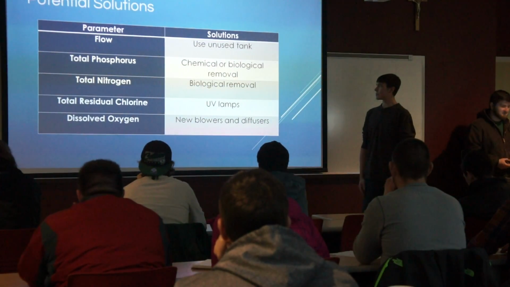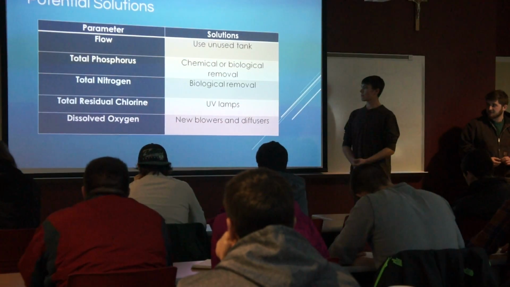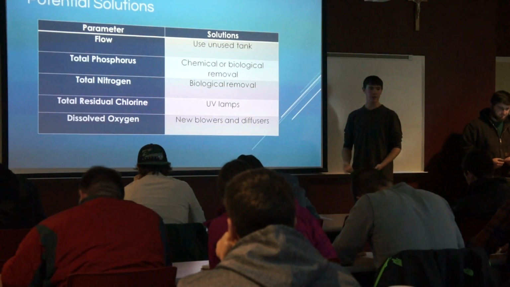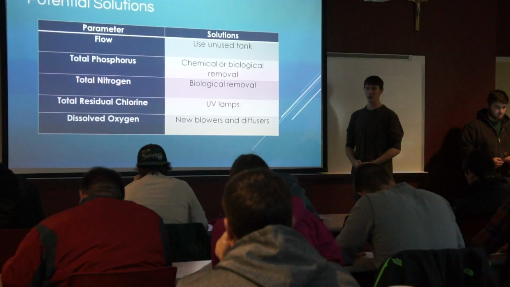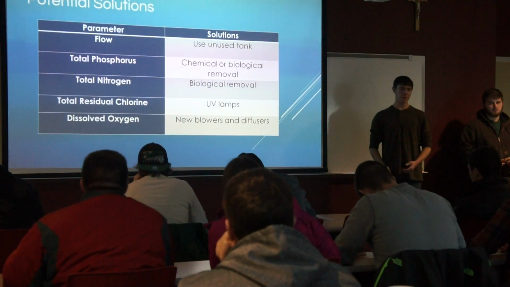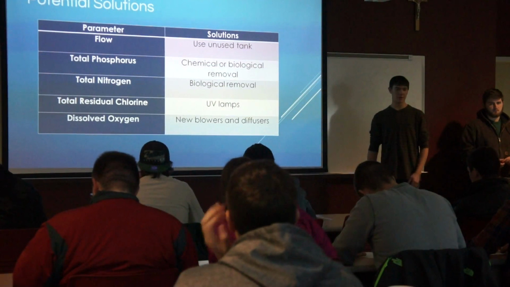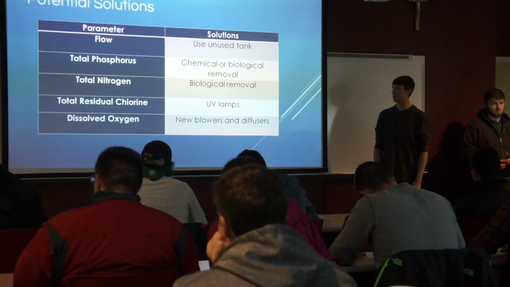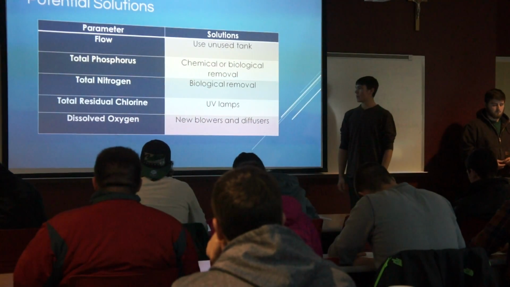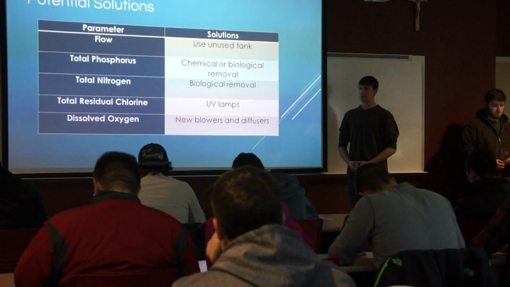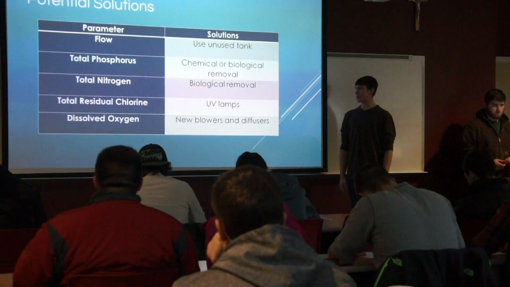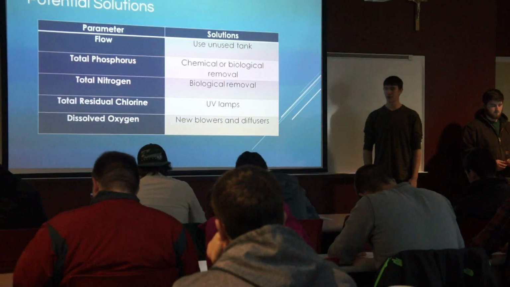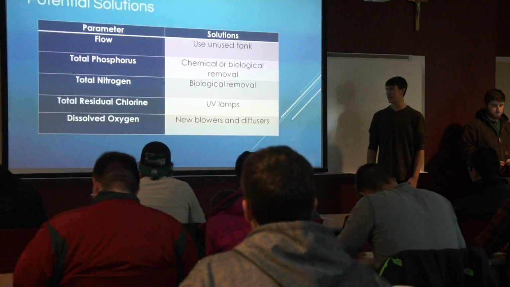So some of our solutions for this are to, for the flow, use that unused tank that Glenn was talking about, to pump water in there when flows are high and then slowly pump it back into the system as water levels go down. As far as phosphorus goes, we're still in the process of hashing out whether we're going to use a chemical or a biological removal process.